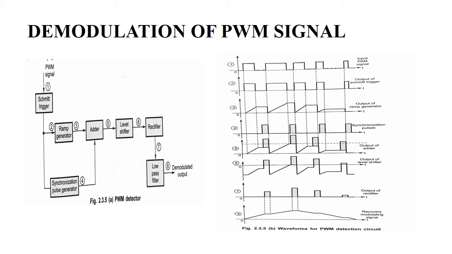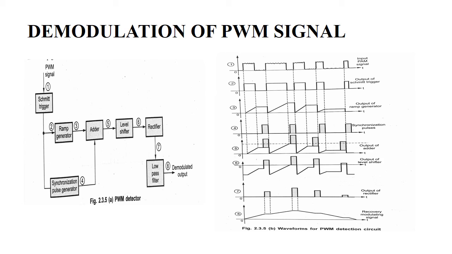Next we are going to see the demodulation of the pulse width modulation signal. Here the received PWM signal is applied to a Schmitt trigger circuit, which removes the noise in the PWM waveform. Then it is applied to the ramp generator and the synchronization pulse generator.